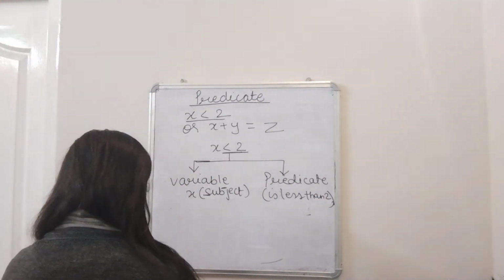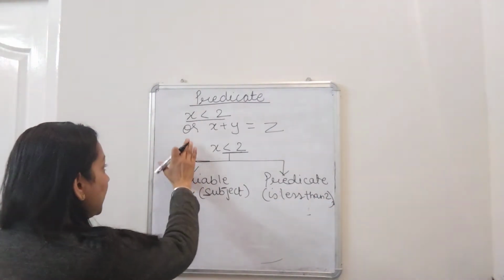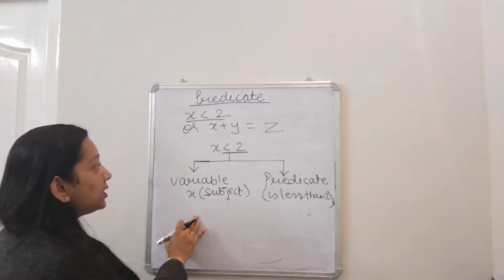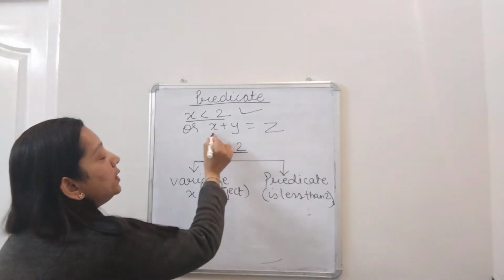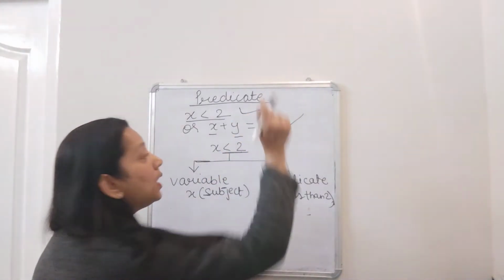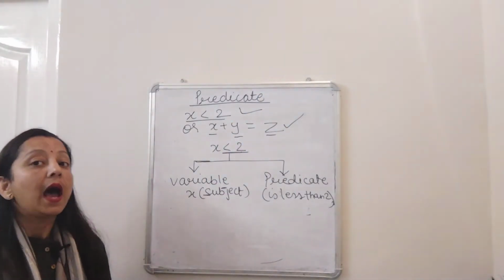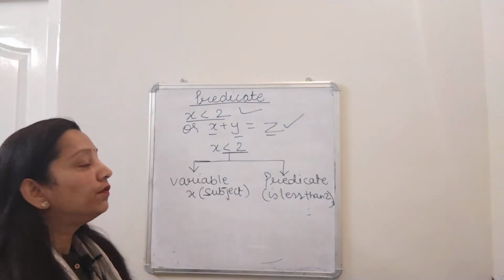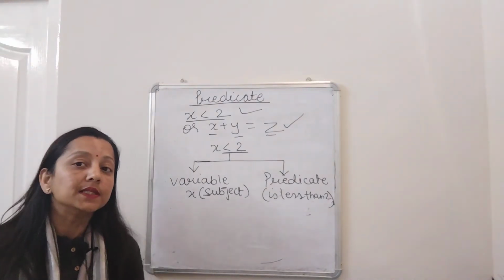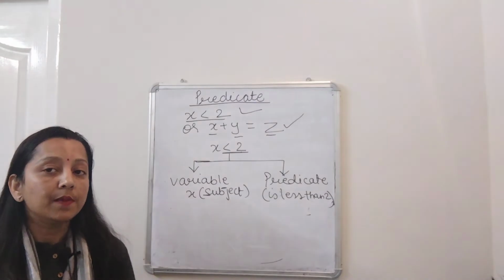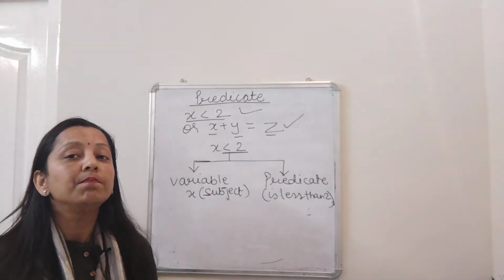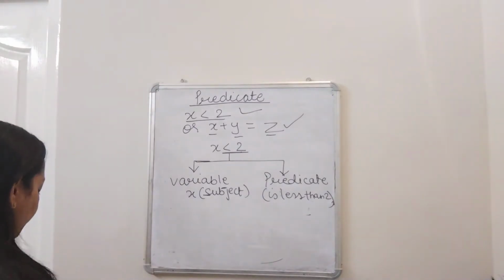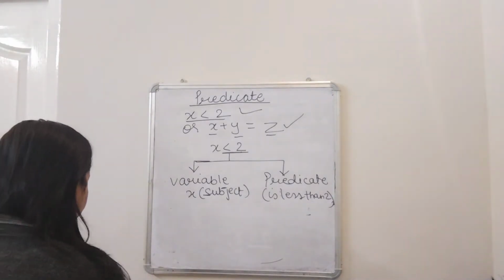Okay, so basically I can say that unless the value of x here or the value of x, y and z here are specified, I cannot have a truth value for these statements. Hence, I cannot call them propositions. So what do I call them? I call them predicates. Okay, so now moving on.